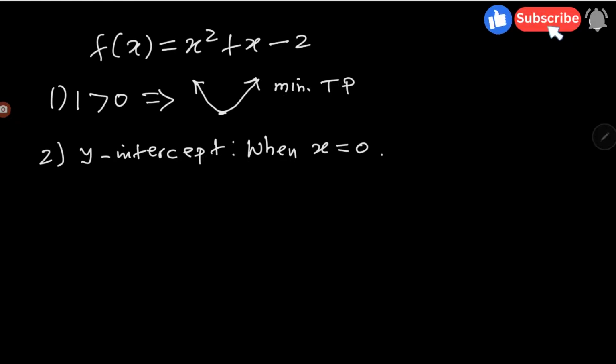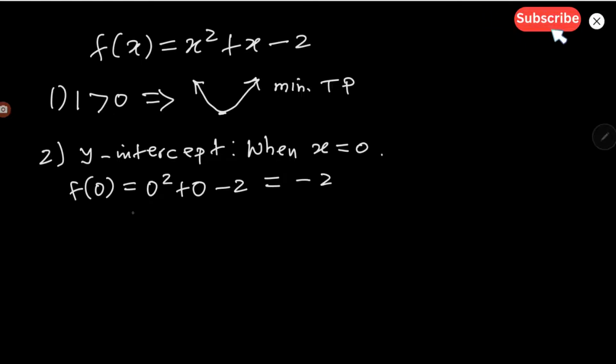So f at 0 is equal to 0 squared plus 0 minus 2, and this will give us minus 2. So the point at which the graph will cross the y-axis, x comma y, is x is 0 and y is minus 2.